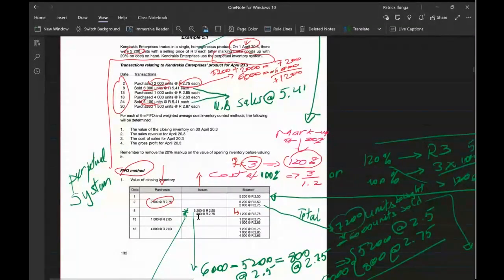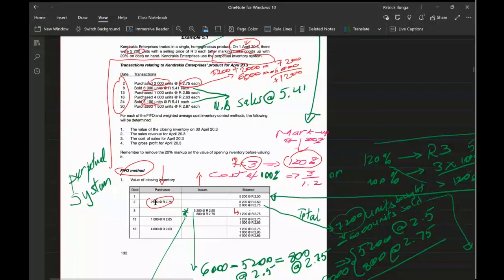And you can see on the 8th, they sold 6,000 units. What does it mean? First in, first out. We will start with the 5,200 units that were there before, plus, in order for us to get to 6,000, we need to add 800 units from the purchase of the second.